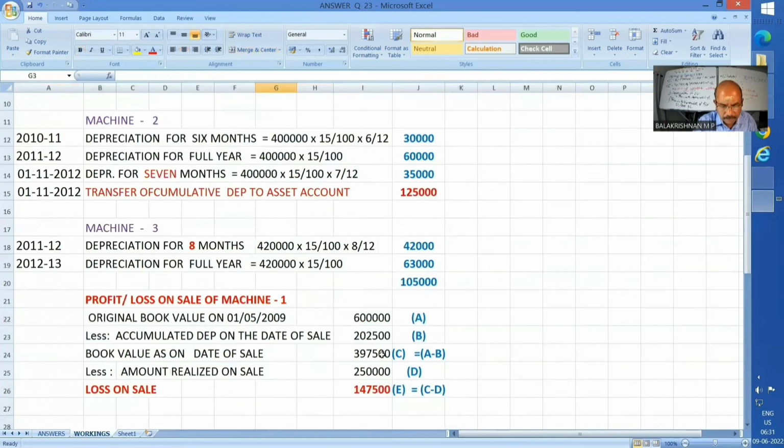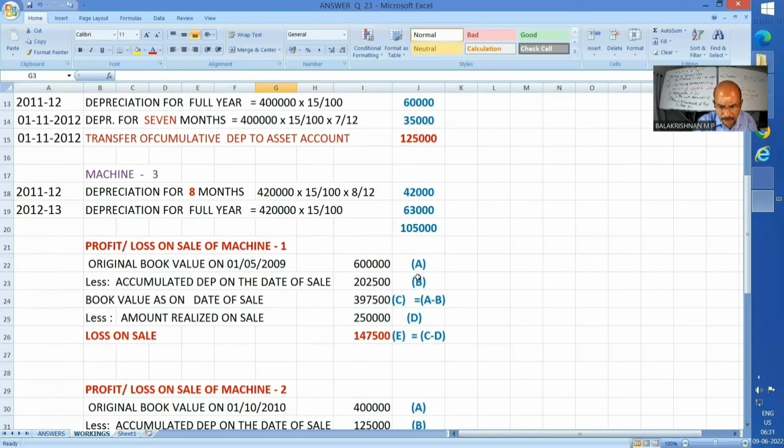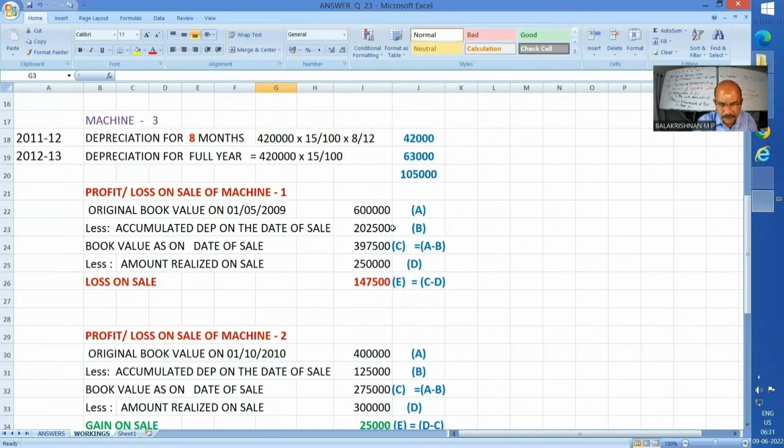Okay. I find the original book value was 6 lakhs because first machine, and the accumulated depreciation 2,02,500. How do I get it? I totaled all this depreciation in respect of the machine 1. I found it 2,02,500. Yes. So book value, this minus this, it is 3,97,500. Just been categorically told they sold it for 2,50,000, thereby resulting in a loss of 1,47,500.